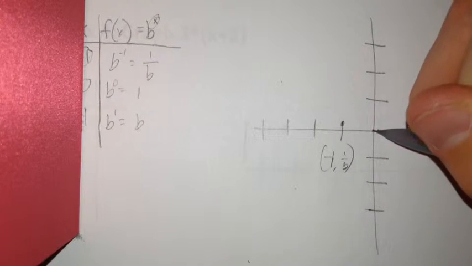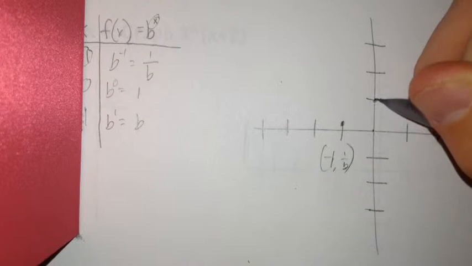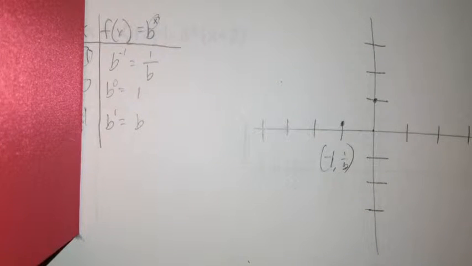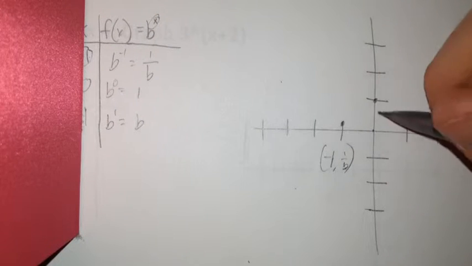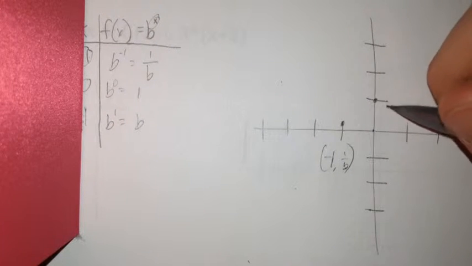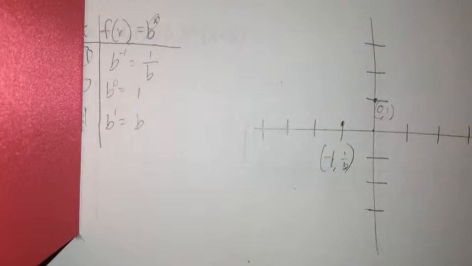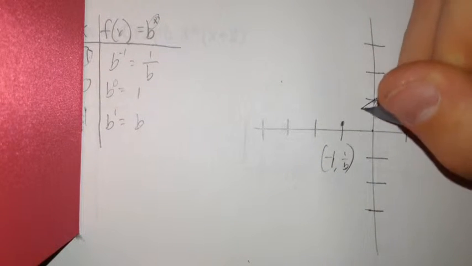That is 0, and then go up 1. And then we have 1, comma, b, which is right about here. So we have our graph.